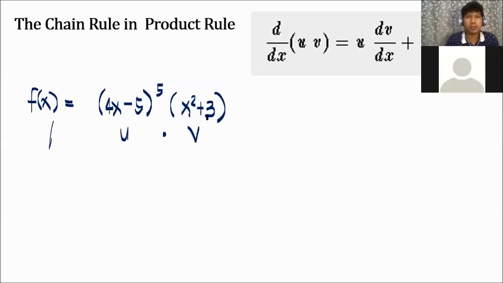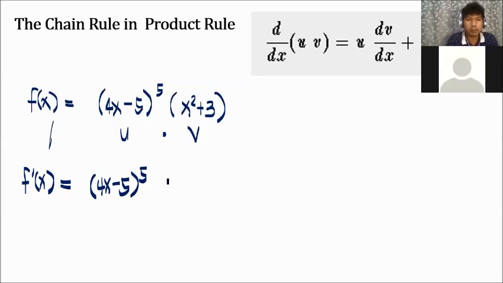Then to do the product rule, we follow this formula. Derivative f prime x is equal to copy u. So that would be 4x minus 5 raised to 5. Then derivative of v.